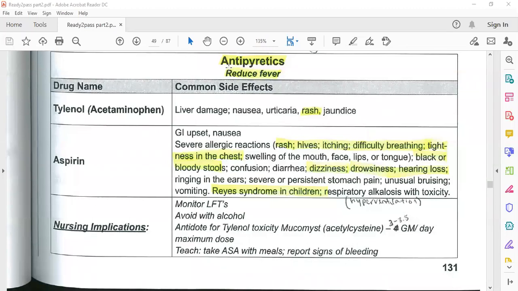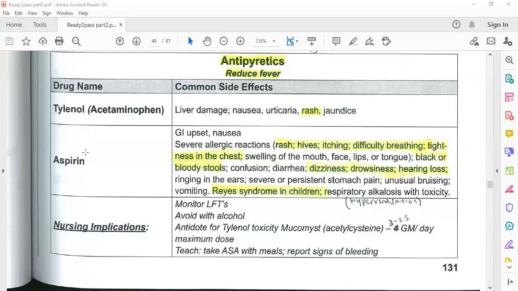Antipyretics, especially we use acetaminophen and aspirin. Both of this group of medication are also analgesics. Analgesia means pain medication. So antipyretic medication also has the common property of being analgesic.